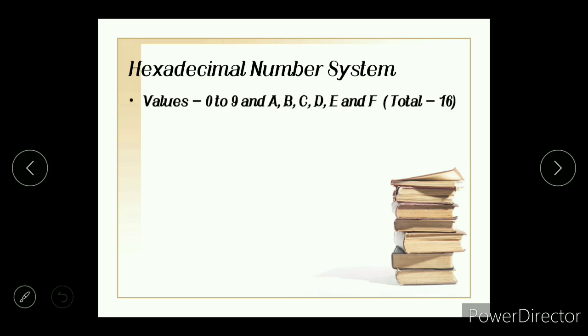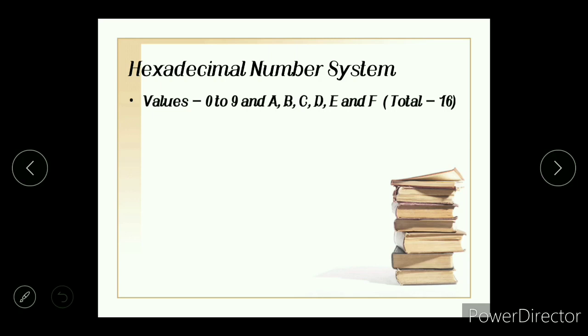So the total number of symbols in hexadecimal number system is 16. This is the perfect example where you will find numbers as well as letters in it, and that's why the word symbol was used while defining base, because any number system can have symbols as well as numbers.